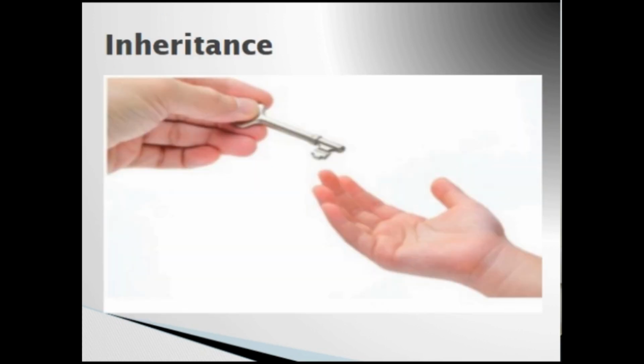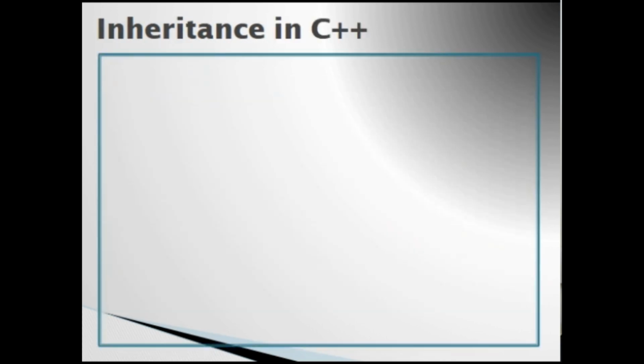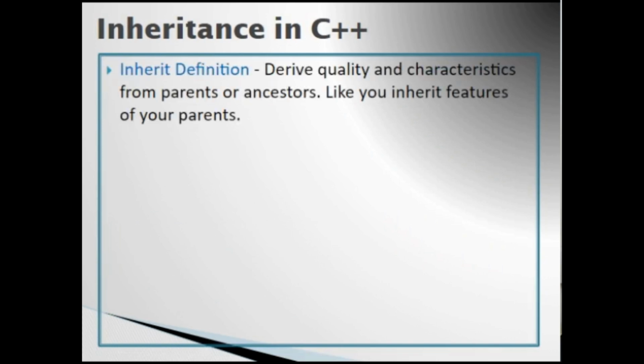Inheritance is a very important feature of object oriented programming. So what is inheritance? Deriving qualities and characteristics from the parent or ancestors is known as inheritance, like you inherit the features of your parents.